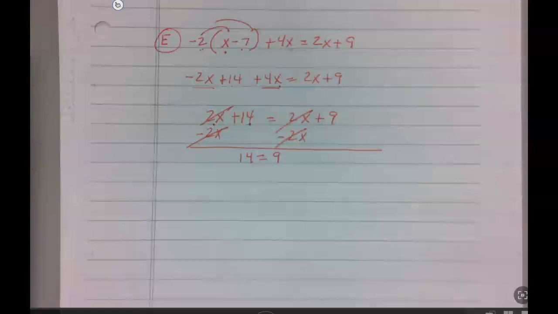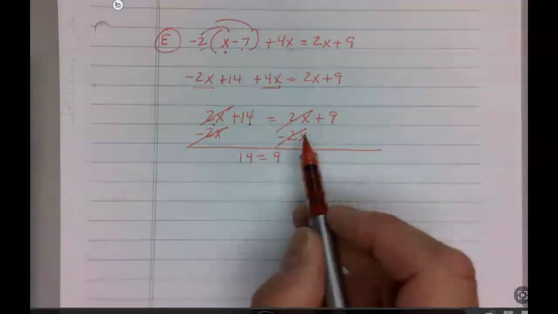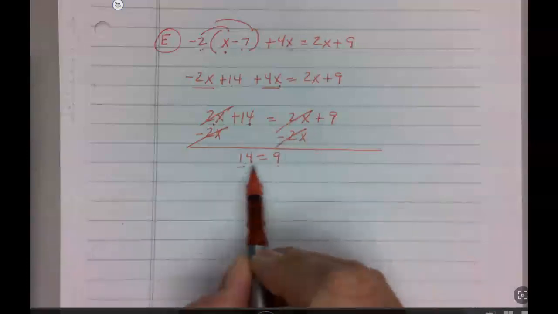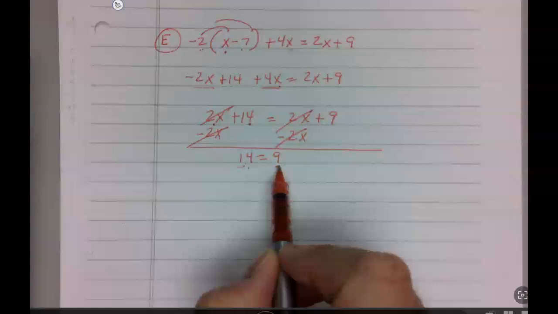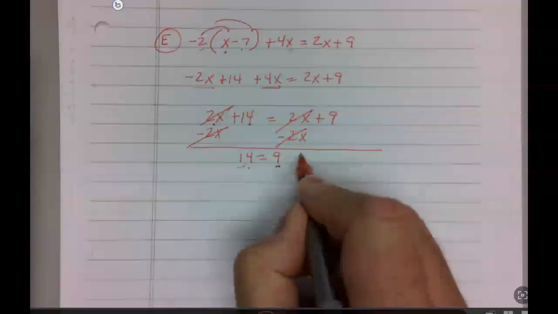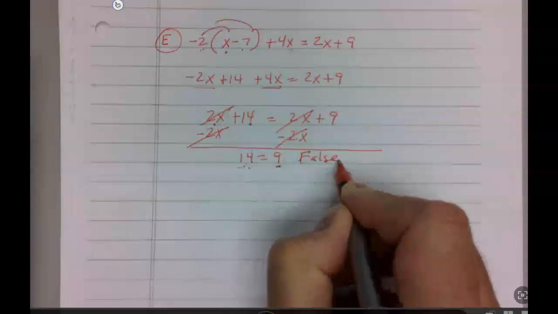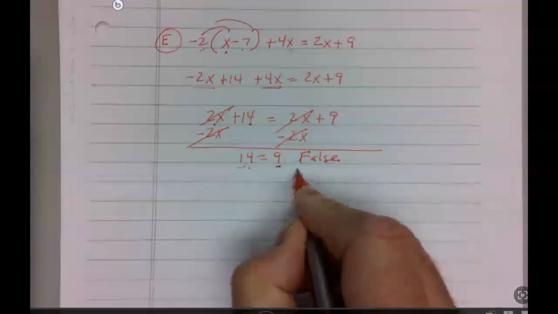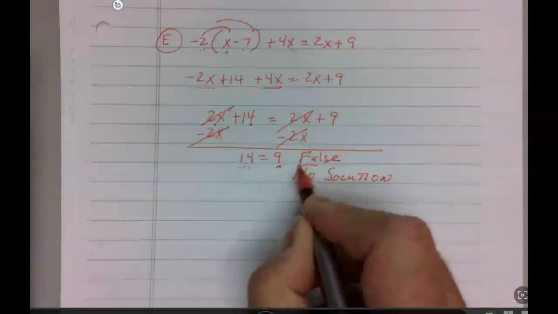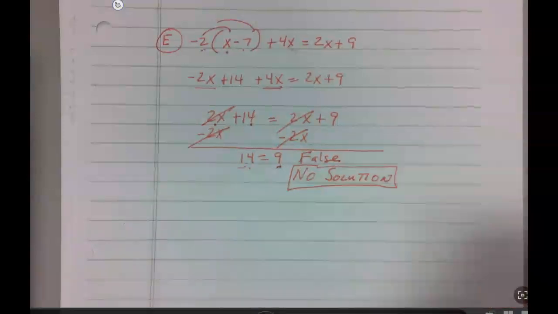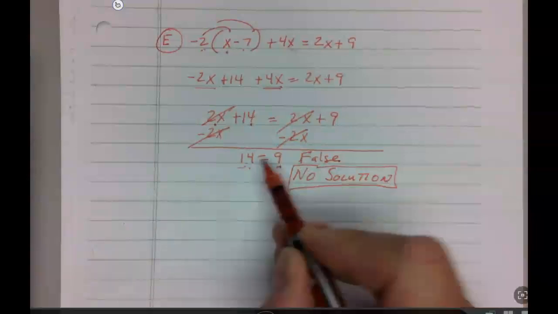So when all the variables cancel out and you get the two numbers here, is 14 equal to 9? Is that a true statement? No, that is a false statement. So, no solution for this one. Now, your next question should be, what if they came out equal?